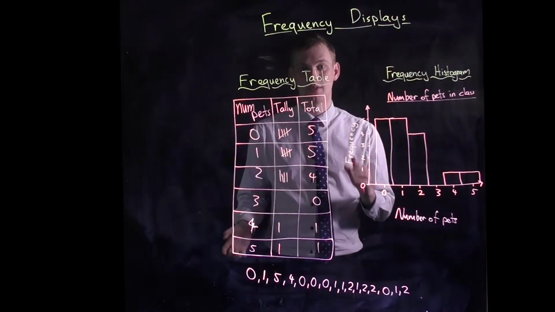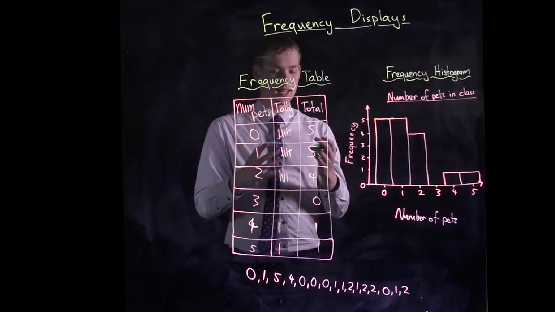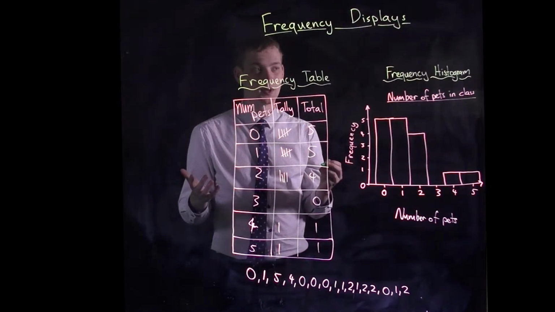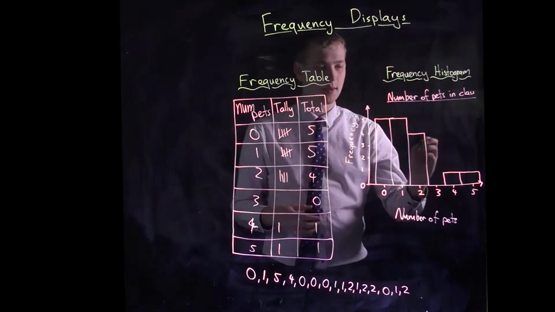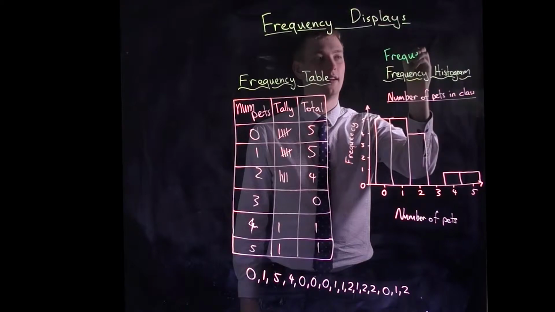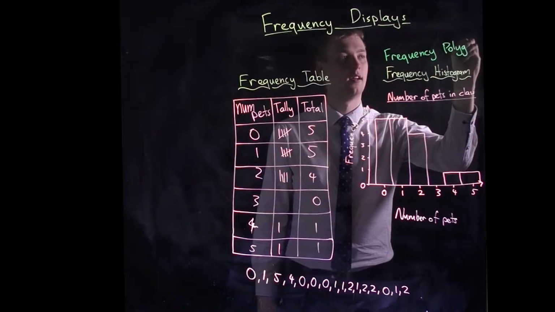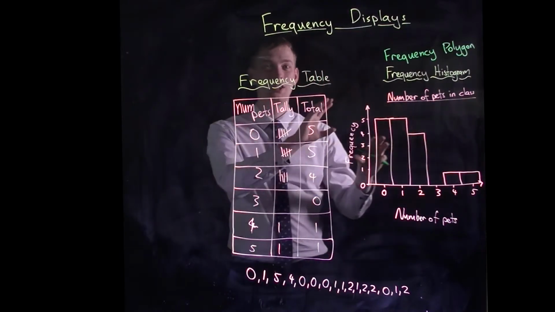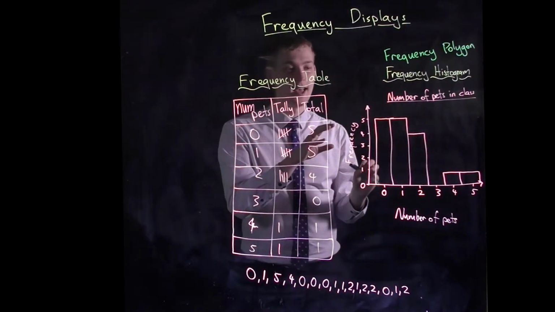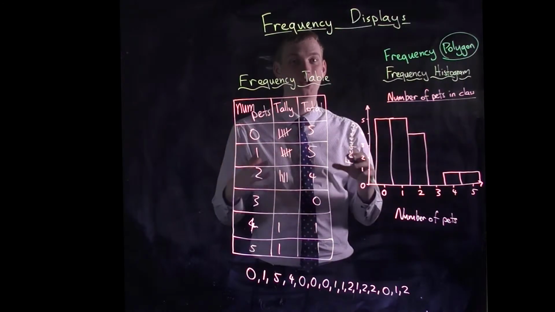Next, we want to make a frequency polygon. And I'm going to use a different color just so we can tell the difference between them. So this is our frequency histogram here. Now we're going to make a frequency polygon. Frequency histograms and polygons often go on the same chart. And note that it's a polygon. So a polygon is going to be a closed shape.